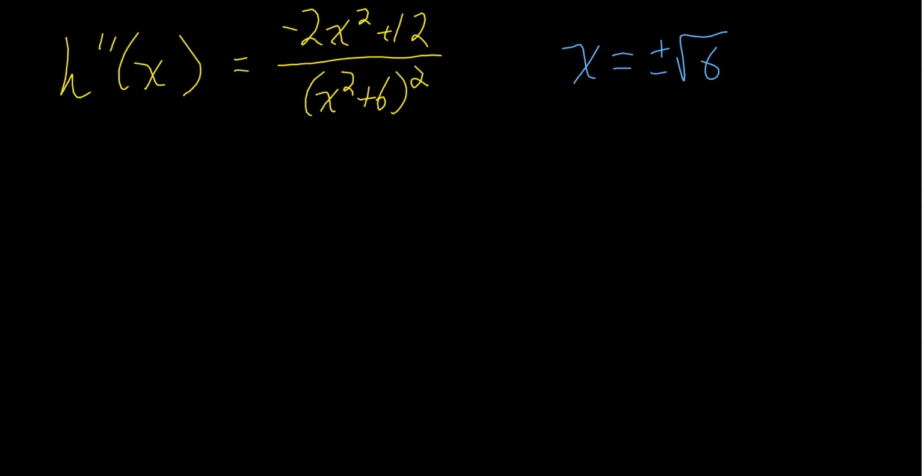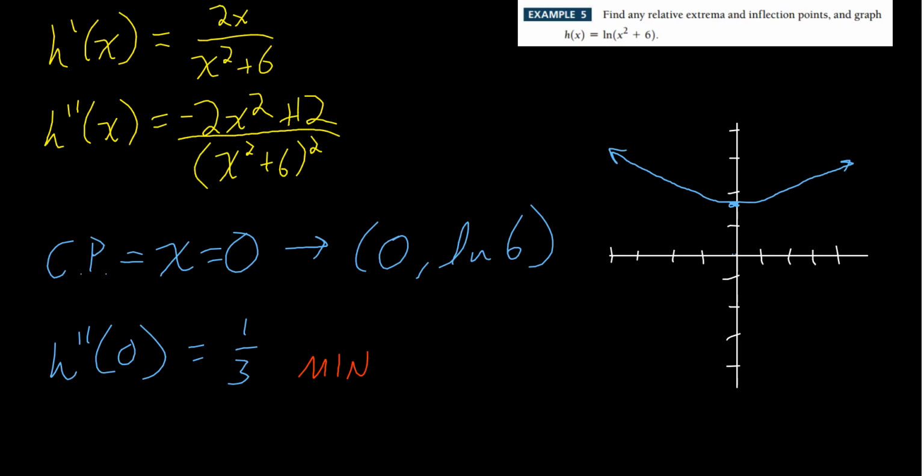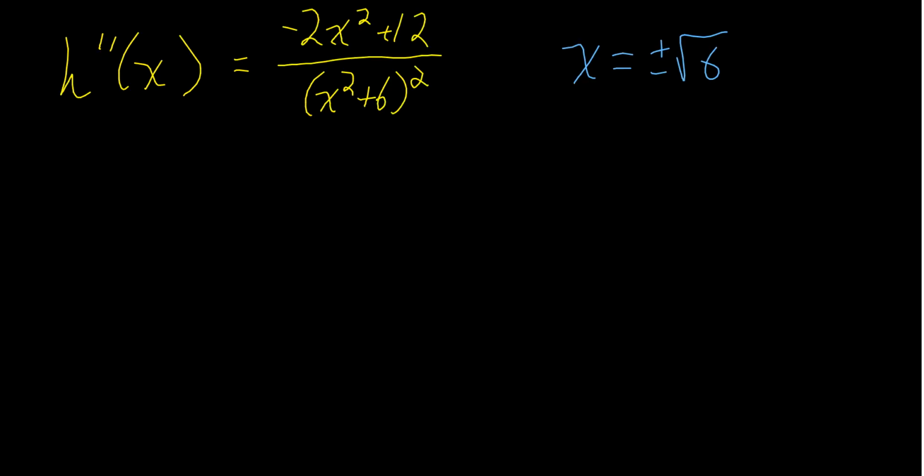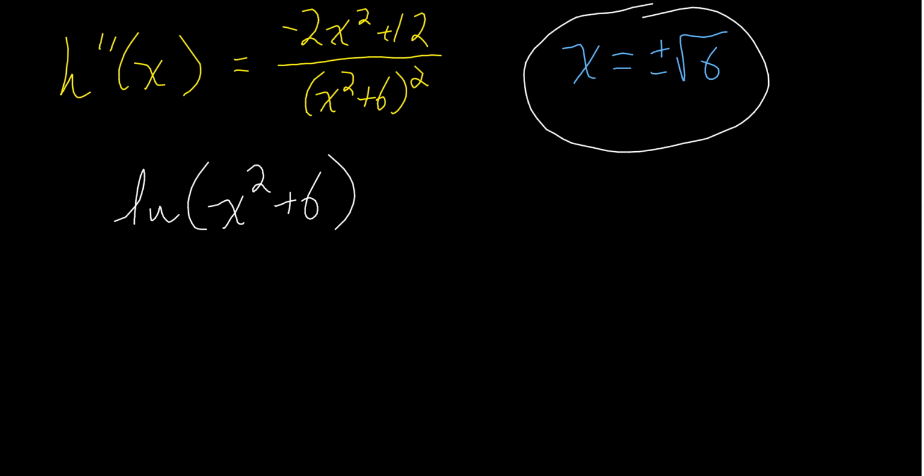And then if I take the y coordinate of that, I need to plug the plus and minus square root of 6 into my original equation, which was natural log of x squared plus 6. So let's write that over here real fast. All right, so I'm going to plug in my x value to get my y value out for my inflection point.